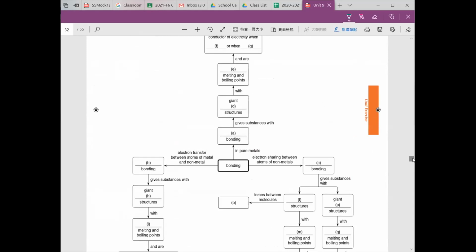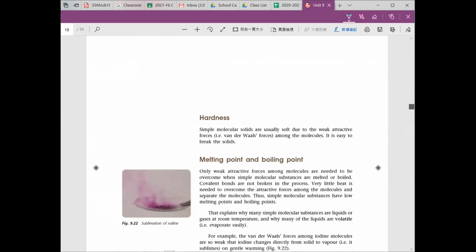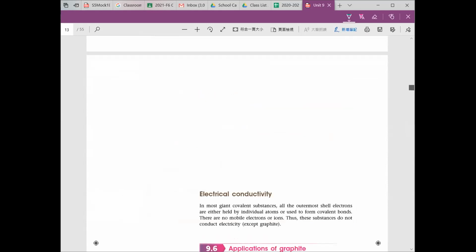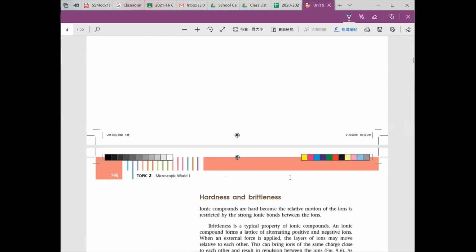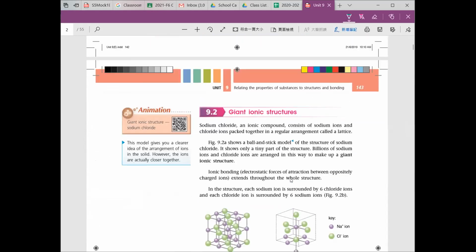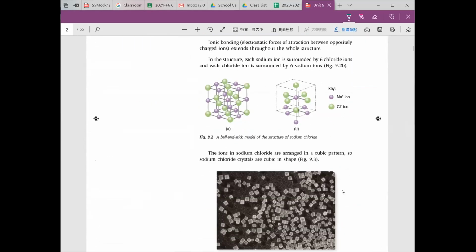Now you refer to the previous page. We've got sodium chloride, and now it's just 1/8. So we have got the structure like this.